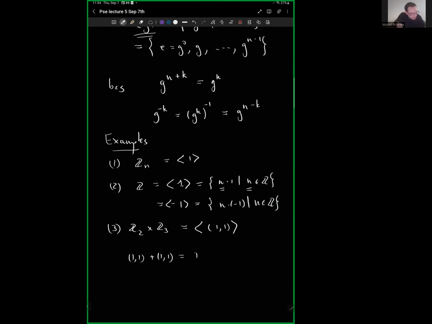You get (2, 2). But in the first coordinate we have modulo 2, so this is really (0, 2). Then I take (1, 1) plus (1, 1) plus (1, 1). Well, I get (1, 3), but in the second coordinate we take modulo 3, so I get (1, 0).